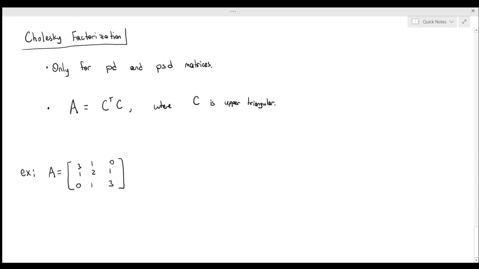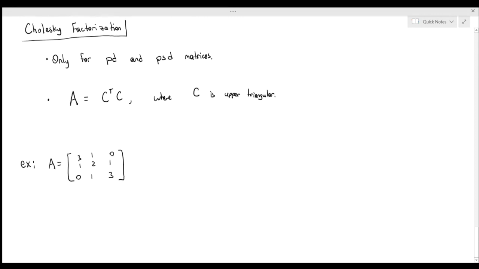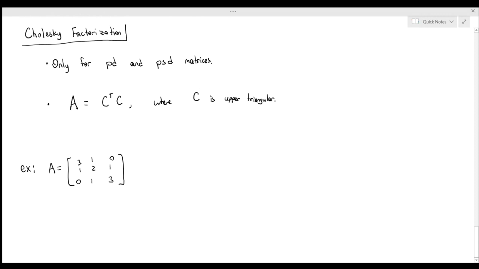So now that we know this matrix is positive definite, we can try to find a Cholesky factorization for it. The procedure for calculating a Cholesky factorization is you want to start by getting an LDU factorization of the matrix first, okay?